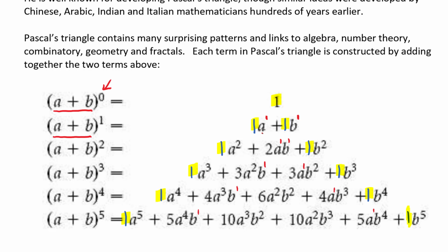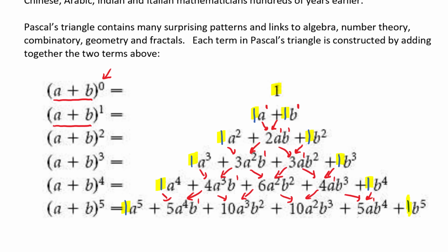As an example, 1 plus 1 is 2. 1 plus 2 is 3. 1 plus 2 is 3. 1 plus 3 is 4. 3 plus 3 is 6, 3 plus 1 is 4, and so on and so forth. 5, 4 plus 6 is 10, 4 plus 6 is 10, and we have 4 and 1 is 5. Could you guess what the next one is going to be?